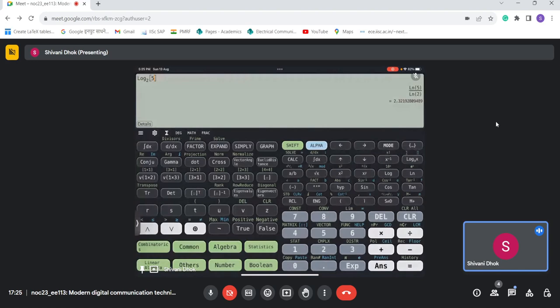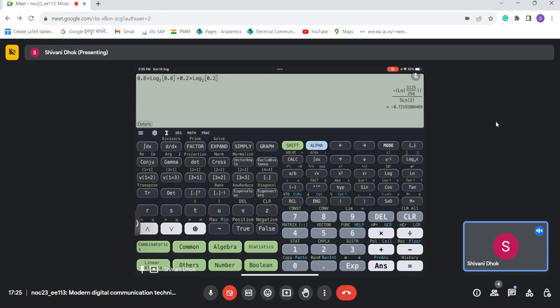Let us try to solve this. So what we are having is we need to find 0.8 into log to the base 2 of 0.8 plus 0.2 into log to the base 2 of 0.2. So what it comes as is 0.7219.